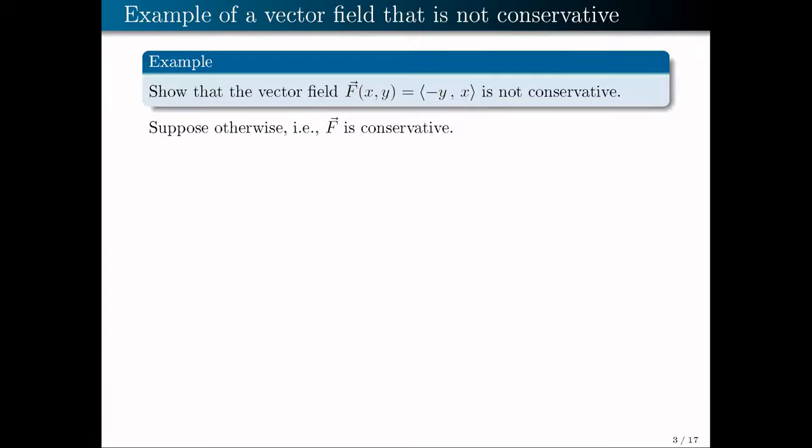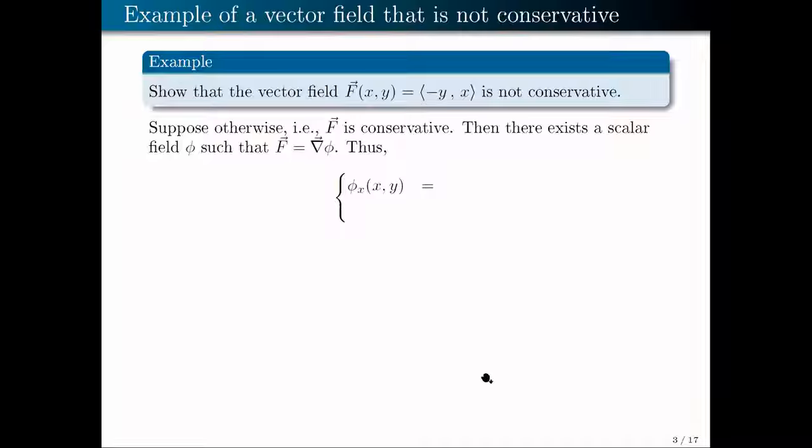To show that the given vector field is not conservative, let us suppose otherwise. That is, suppose F is conservative. Then we can find a scalar field phi such that its gradient is equal to the vector field F. Given this, we have the following equations.